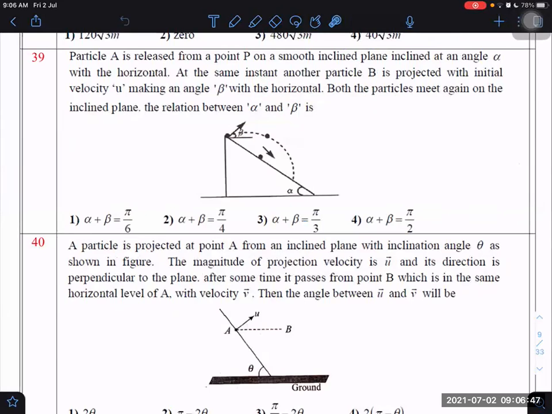Both the particles meet again on the inclined plane. The relation between alpha and beta.